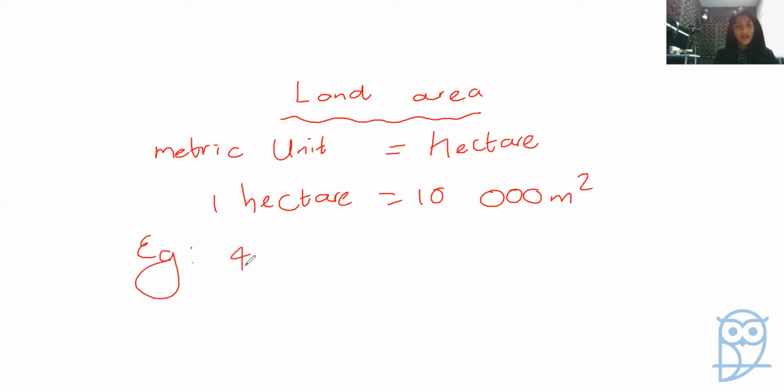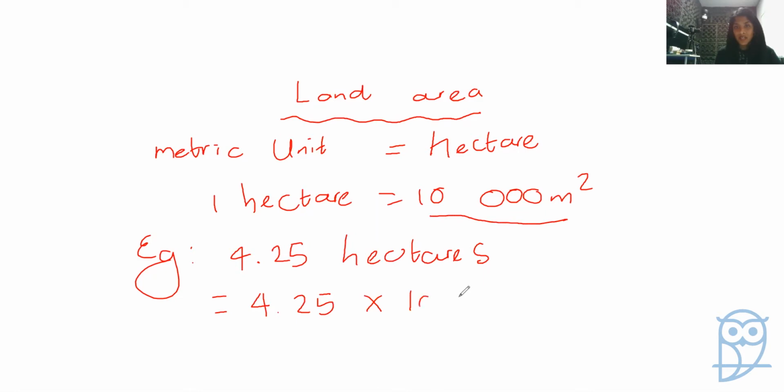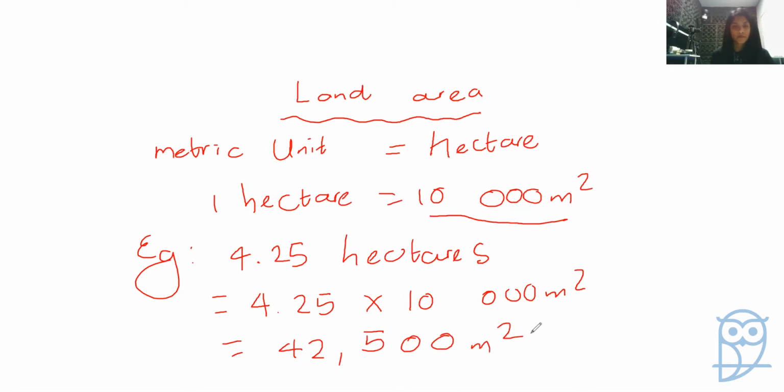Okay, so an example. If I have to convert 4,25 hectares, I will say 4,25 multiplied by 10,000 meters square, and my answer will therefore be 42,500 meters square.